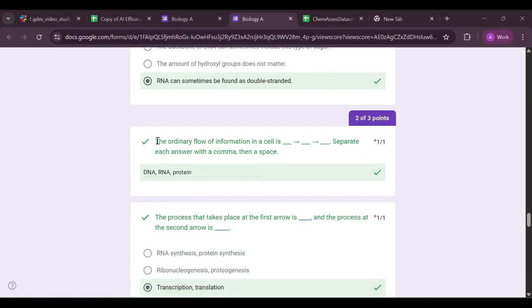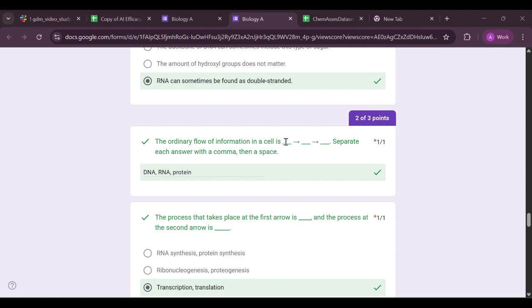So the next question is: the ordinary flow of information in a cell. As we remember from part A, that question asked about reverse transcription, which was conversion of RNA to DNA. But here it is a forward order.